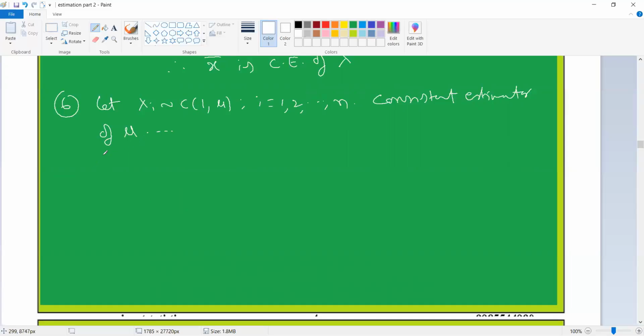Now, by taking the principal value, E of x is equal to E of xi, IID is mu. Variance of xi does not exist.